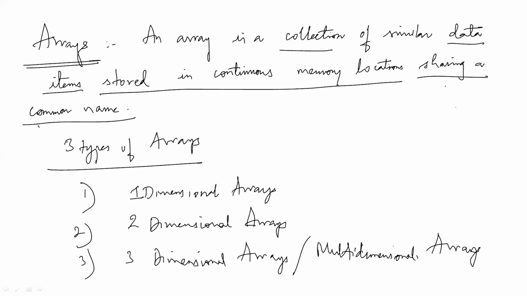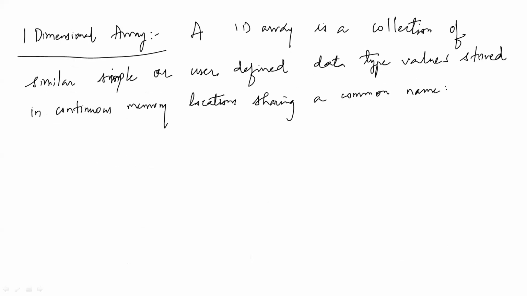Array is a collection of similar data items. Now those data items, we are specifically defining them, right? What are those data items? Collection of similar simple, or predefined, or basic, or primitive data types.